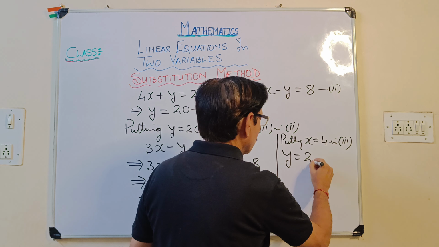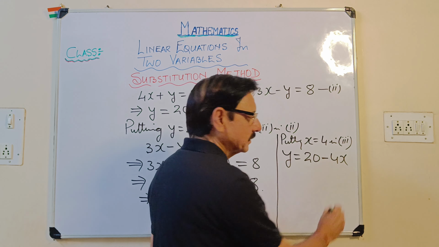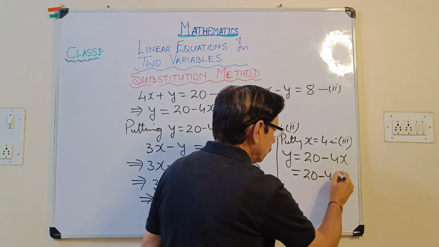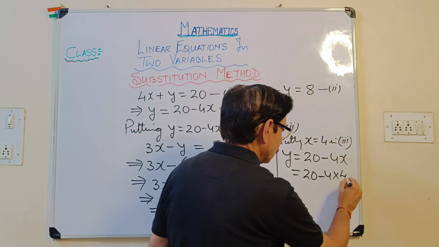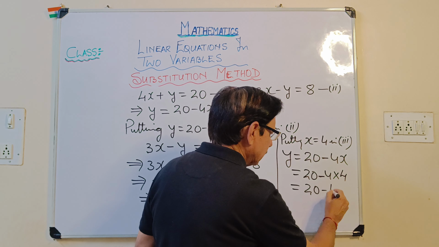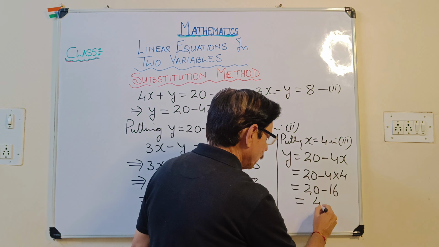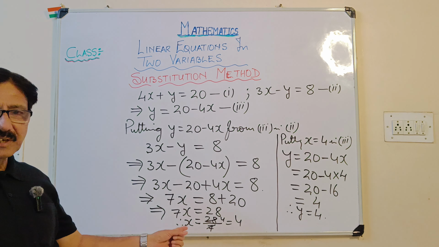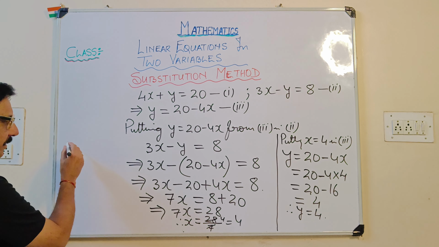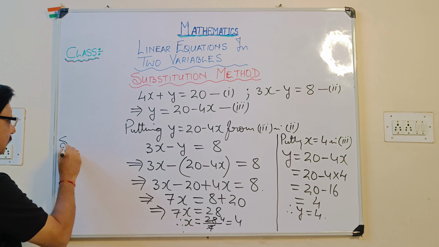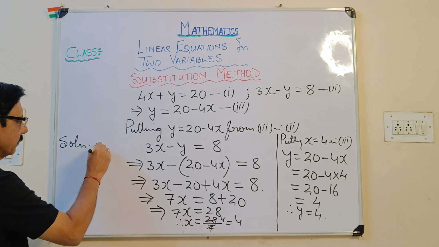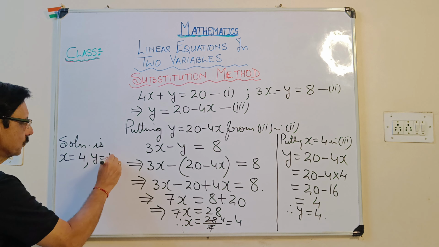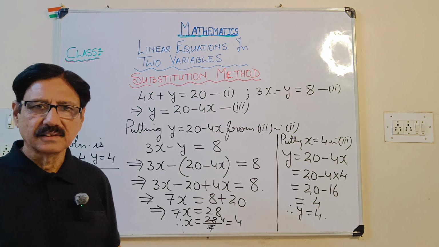That y is equals to 20 minus 4x, or this is equals to 20 minus 4 multiplied with the value of x, that is also 4, and that is 20 minus 16, and that is equals to 4. So therefore y is equals to 4. So both the values here we are getting 4 only. So finally we can write that the solution is x is equals to 4, y is equals to 4. So this is the final answer.